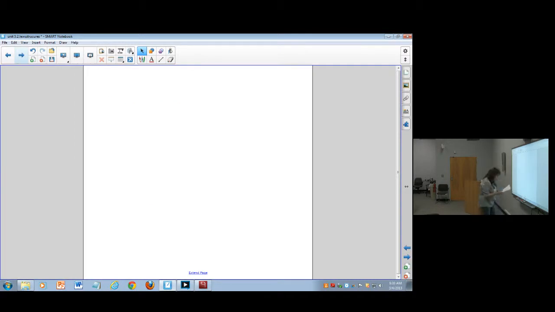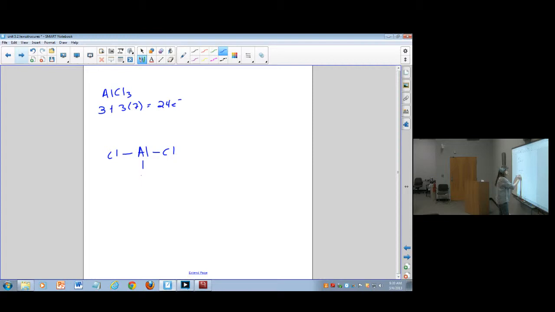What about something like aluminum chloride, AlCl3? Aluminum is in group 3, and then there's 3 from group 7. That again gives us 24 electrons. We'll put aluminum in the center and the chlorines out here.